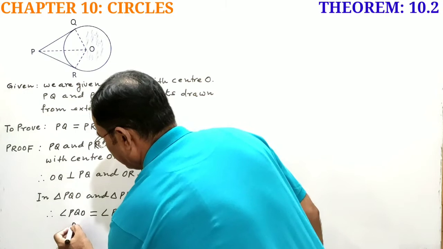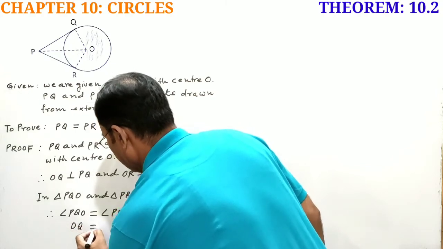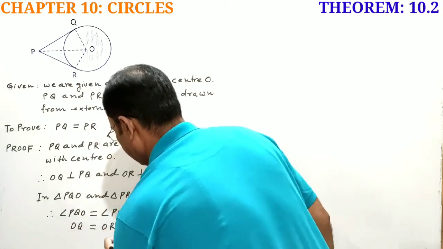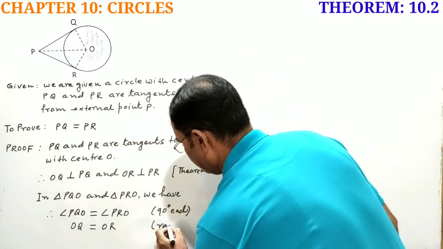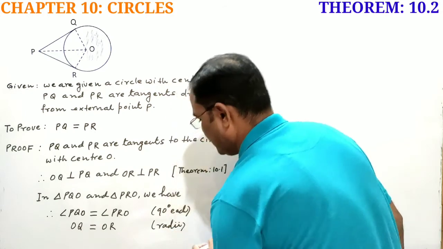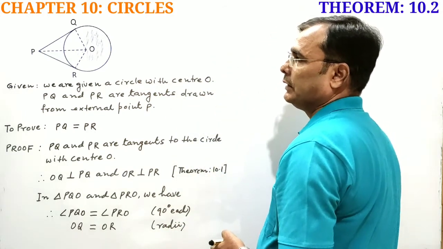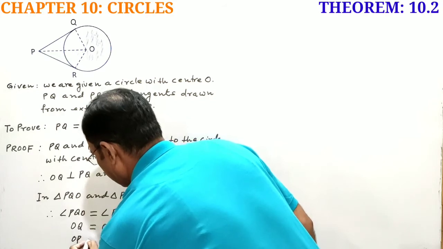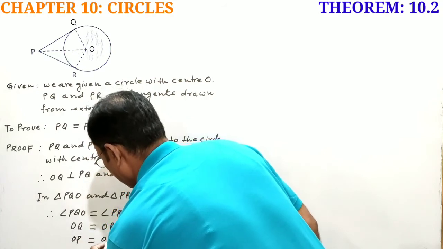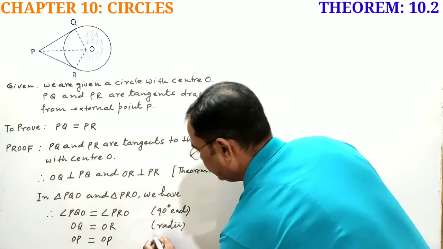OQ is equal to OR, radii of the same circle. So they are equal. OP is equal to OP, common side.